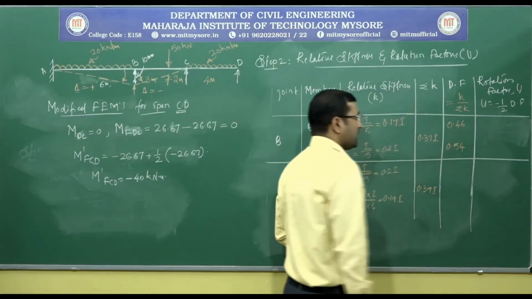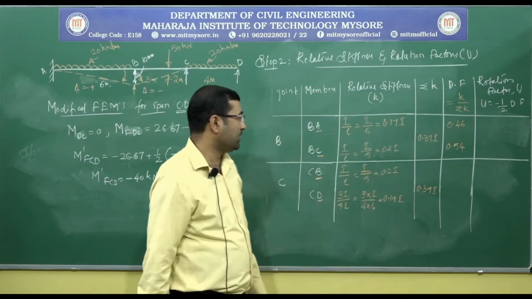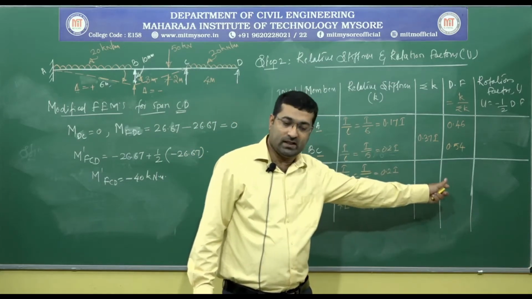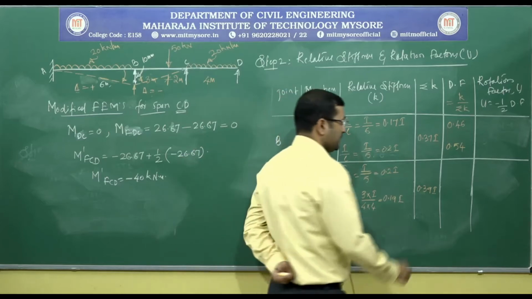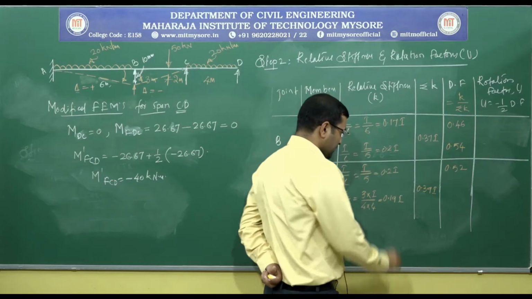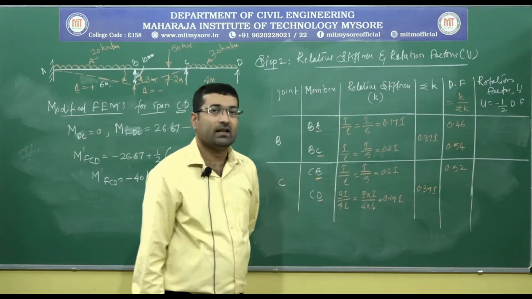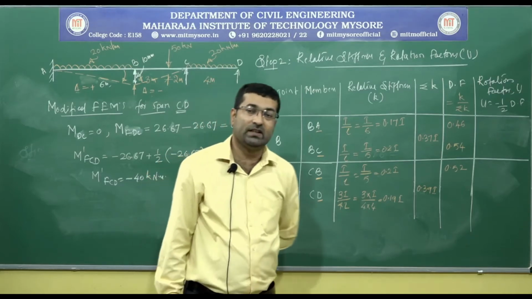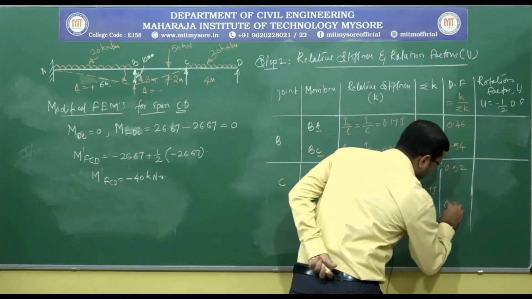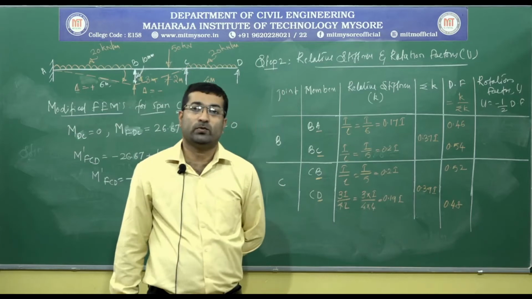Similarly for CB member, it is 0.2I divided by 0.39I gives you 0.52, and here 0.19I divided by 0.39I gives you 0.48. So, these are the distribution factors.